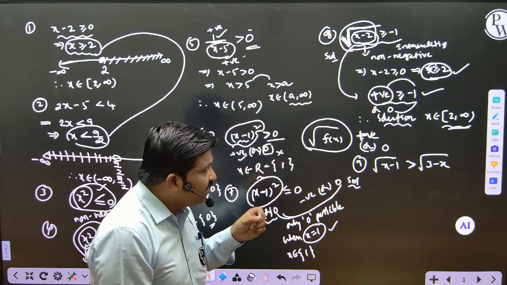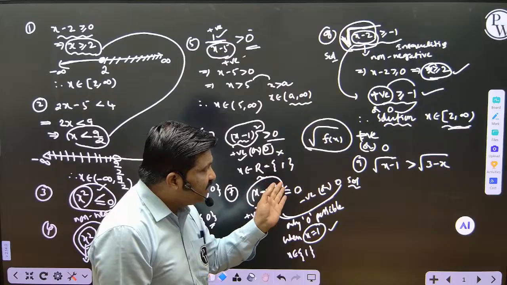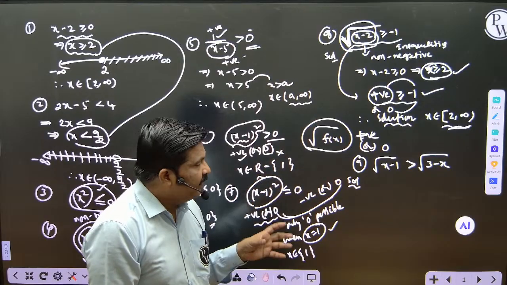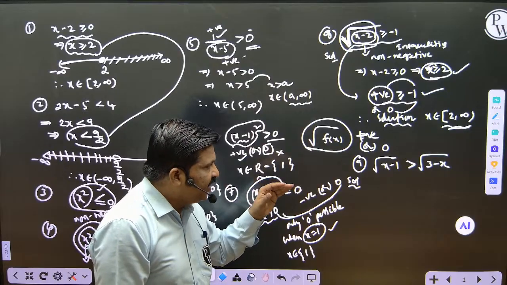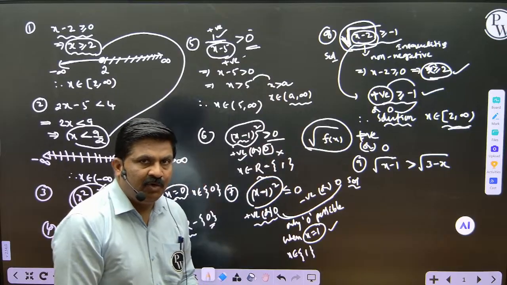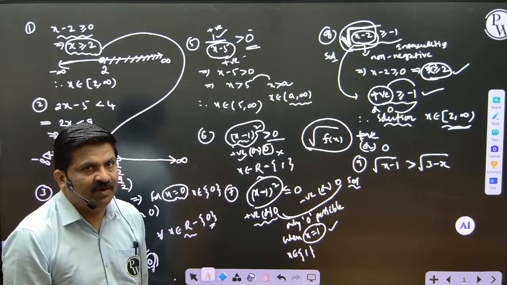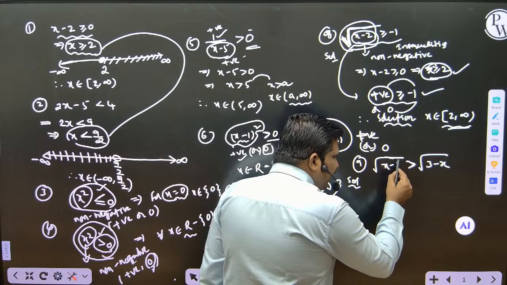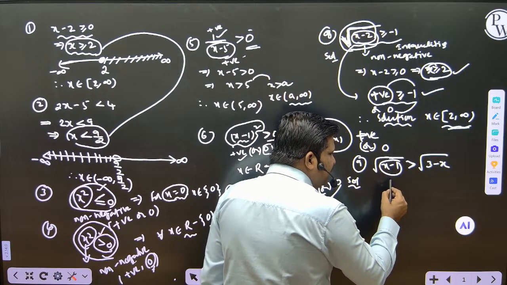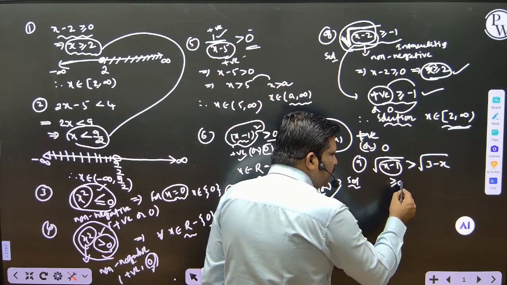But in that case also, because of having a square root, first you have to find out the domain or validity of this inequality. This inequality is valid when the value under each square root is greater than or equal to 0.